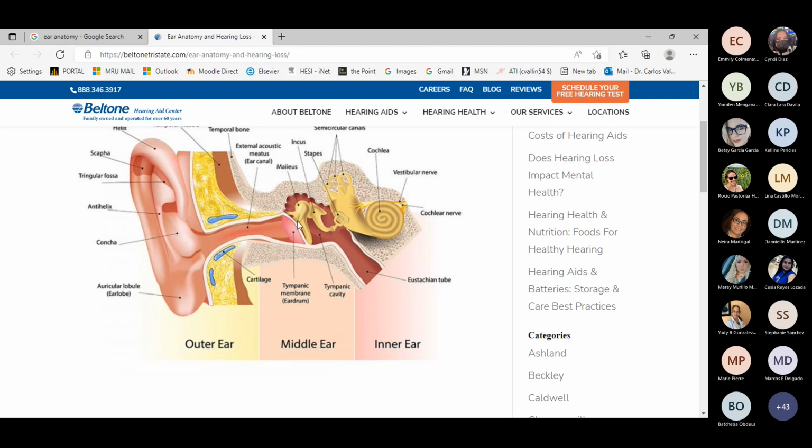When there is too much liquid in this cavity, it makes pressure on the eardrum, and then you see the eardrum bulging.